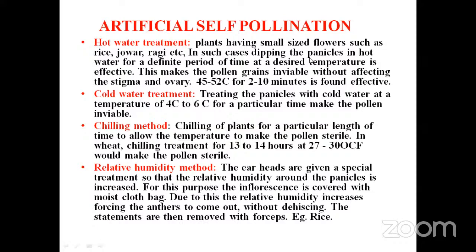In this method, what happened? Actually, in mango, cross pollination is entomophily, done by insects. To prevent outside pollination, we enclose the flowers with an insect-proof cage net. If you cover with the cage, there is no chance for insects to approach the plant.